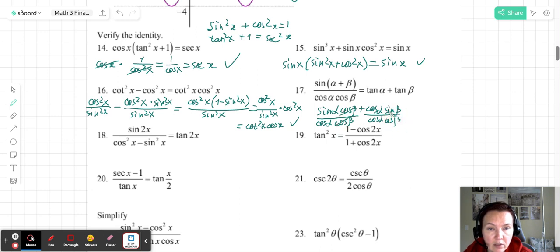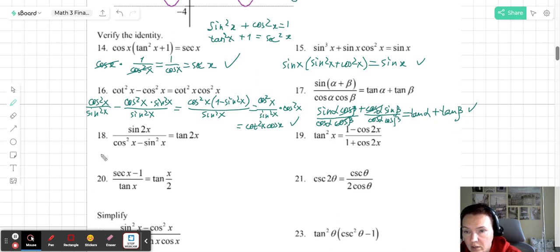So let's see, here we cancel cosine beta, here we cancel cosine alpha. Sine alpha over cosine alpha gives us tangent alpha, and then sine beta over cosine beta gives us tangent beta. Got what we needed to get.